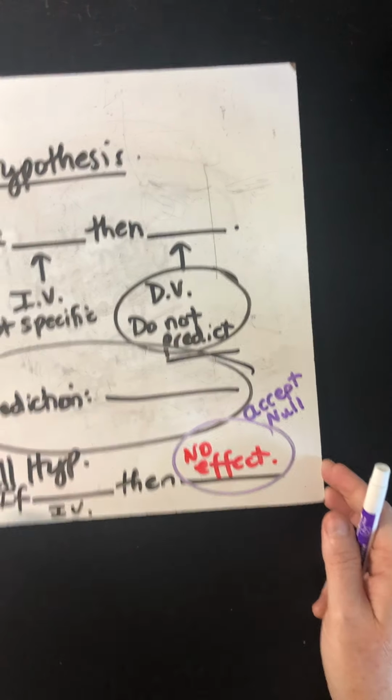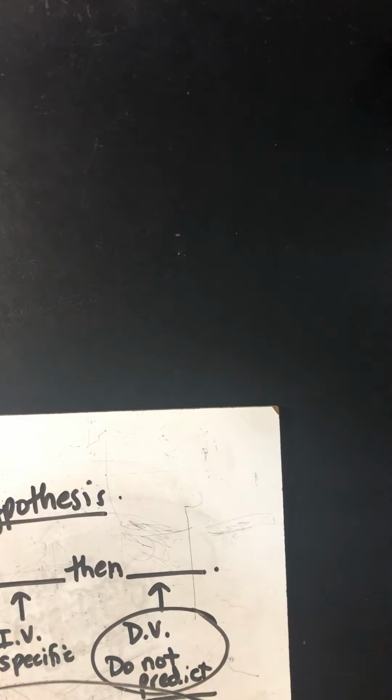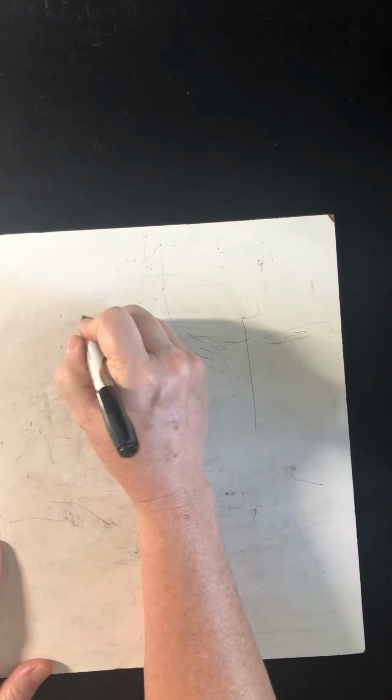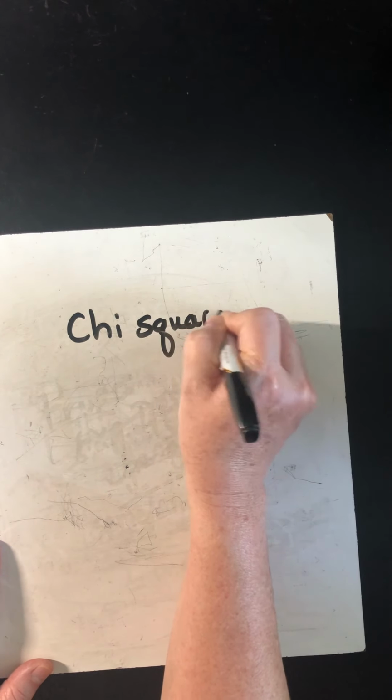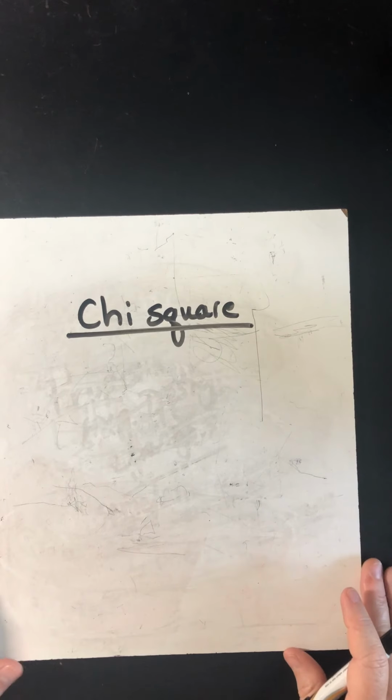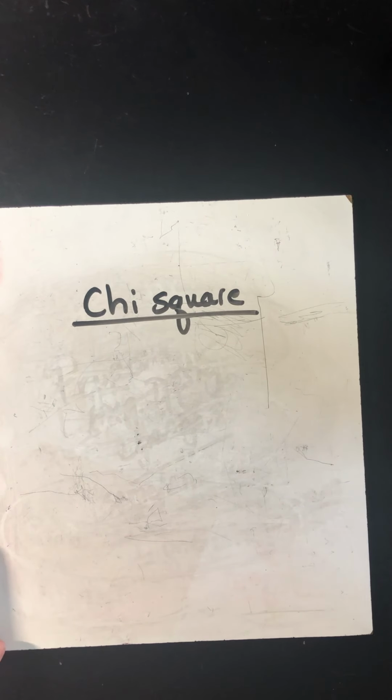And what was that fun mathematical way that we could validate to accept or reject? We can validate and accept or reject based on chi-square. Chi-square formula is on your formula sheet, and everybody should have a formula sheet.